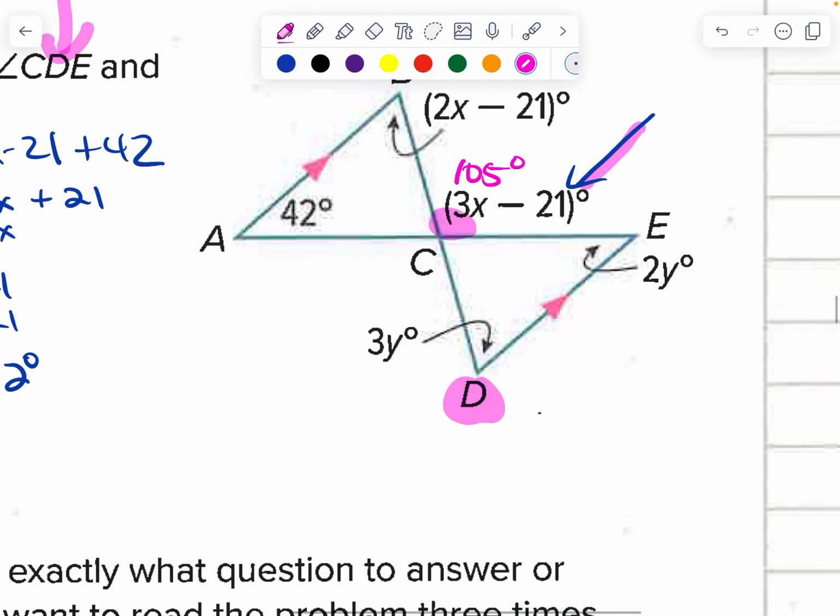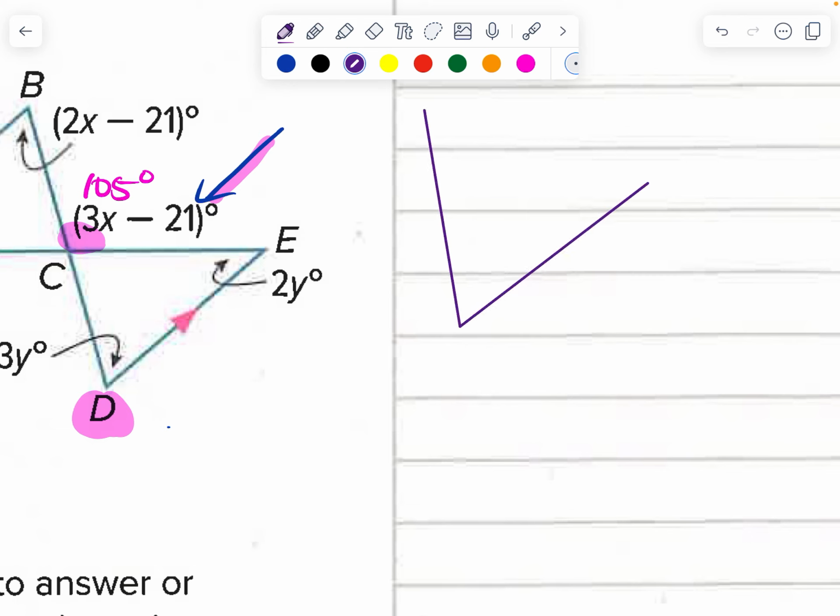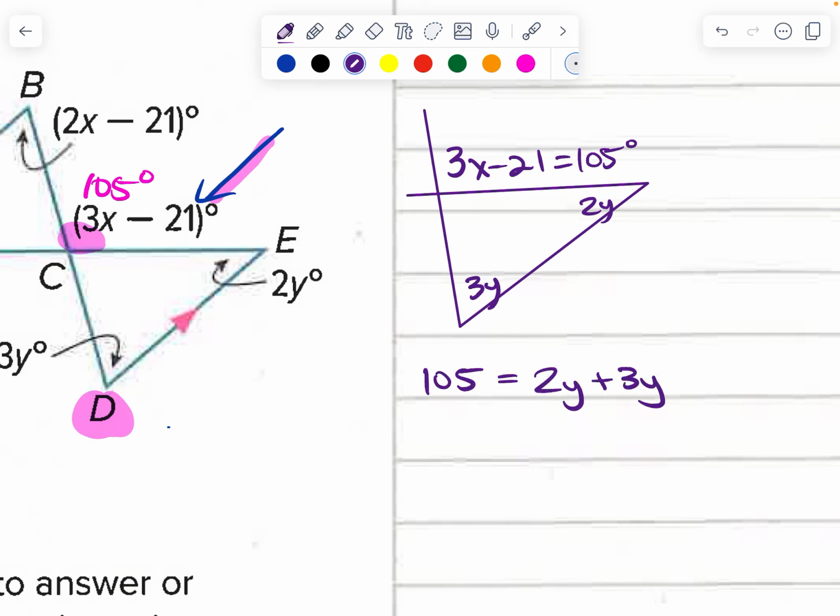Then, this right here, how do I want to draw this one? Let me come over here. Maybe a different color. So now if I'm doing this one, this is the exterior angle. These are the remote interior angles. Okay? Well, we just found that this is 105 degrees. So 105 degrees is equal to 2y plus 3y.